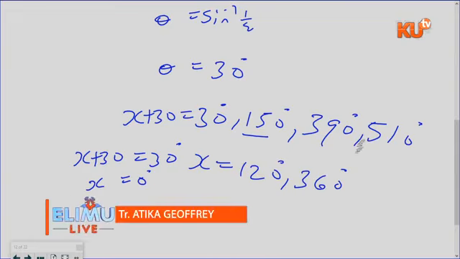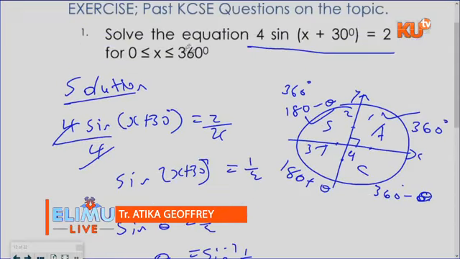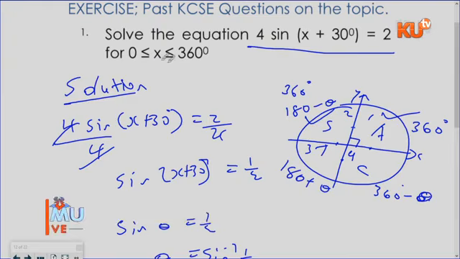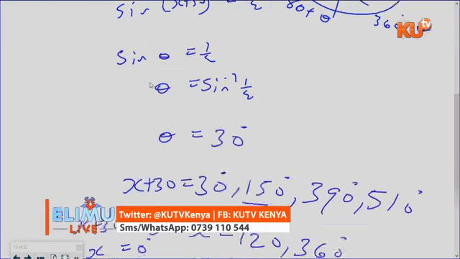If I was to continue with this 510, 510 minus 30 will give us 480. But 480, Lana, is not within the range given. So 480 degrees cannot be the answer for this particular question, because we are working within the range given, and the range is from 0 degrees to 360 degrees.